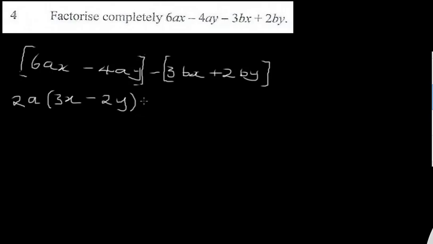Then we come to this other part. So we'd have minus, right? What is common? Is there any number that is common in the two values that we have been given? Is there a number that can go into 3 and 2 without leaving a remainder? No. Anything else? Do we have anything that is common? Well, the b is common, so we'd have minus b. Anything else?